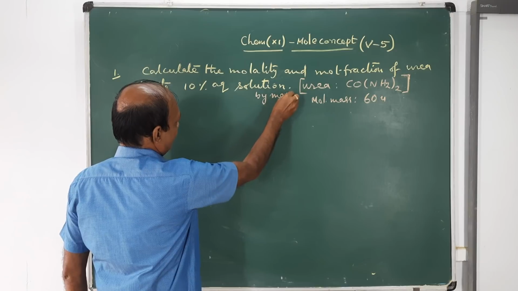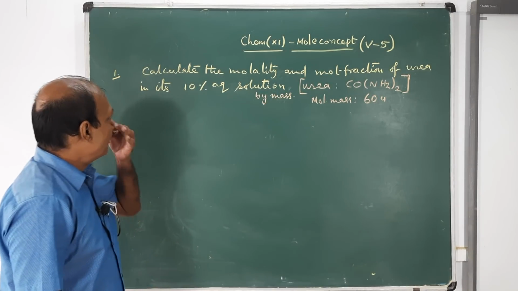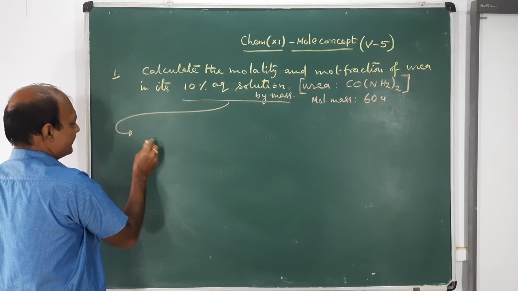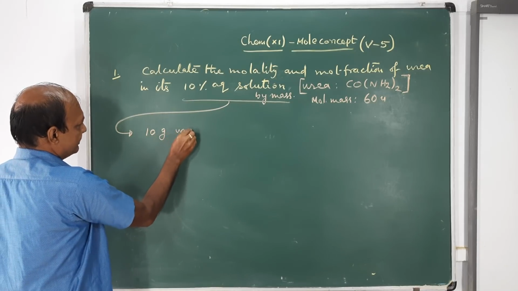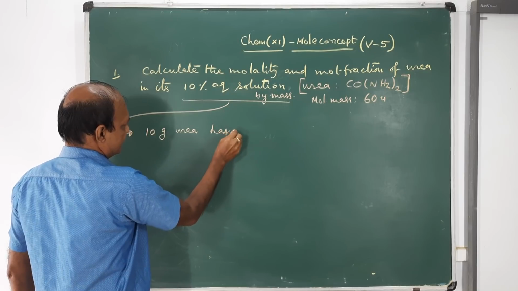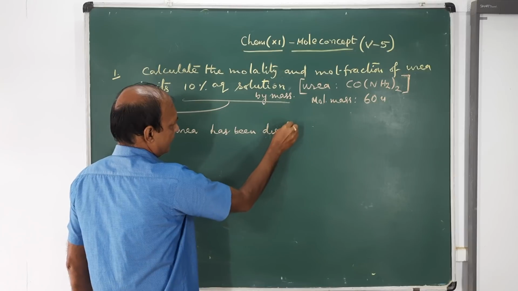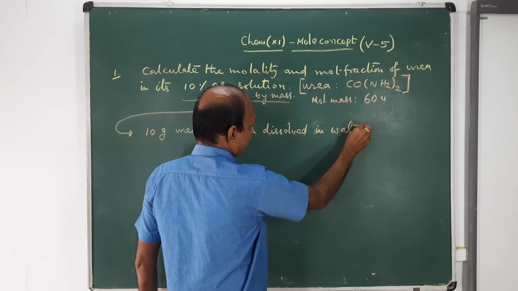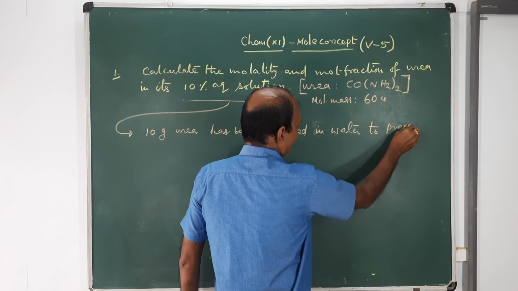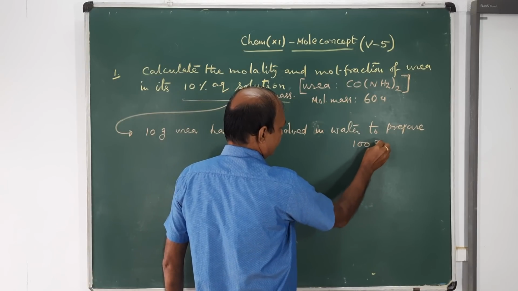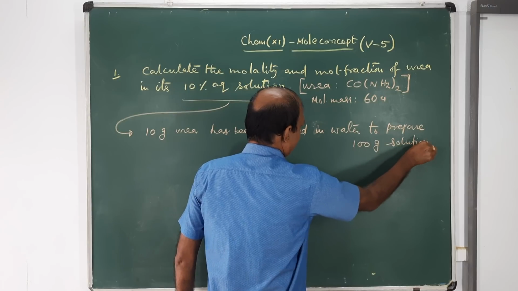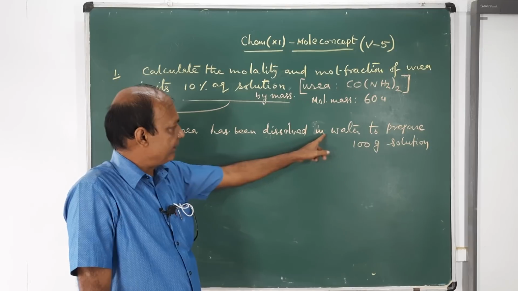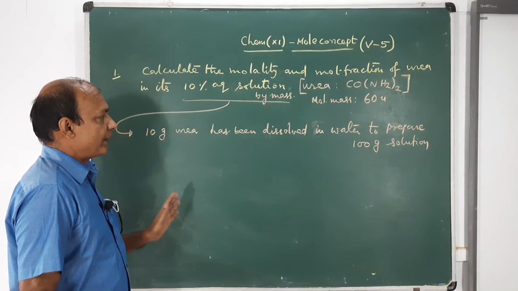What is the meaning of this statement? 10% aqueous solution by mass means 10 gram urea has been dissolved in water to prepare 100 gram solution. You have to find molality.